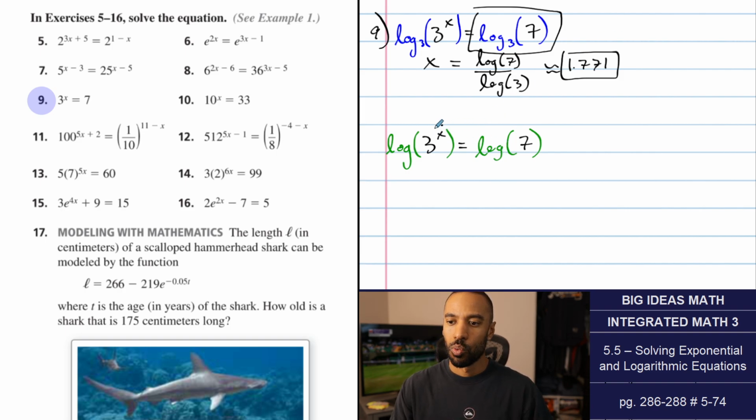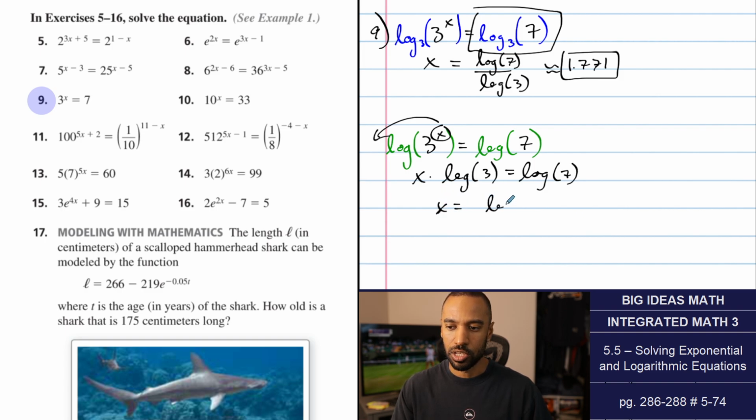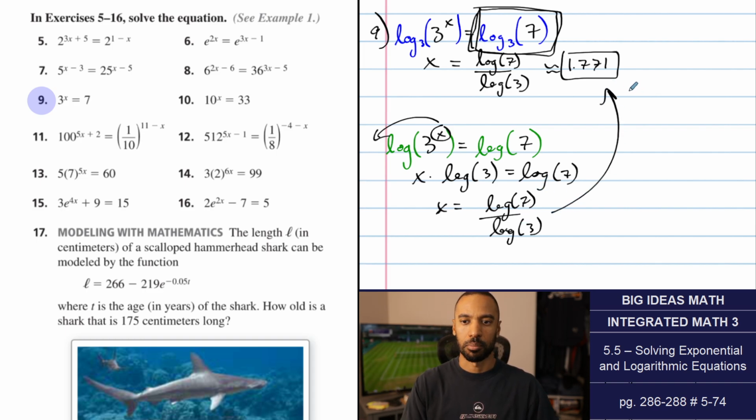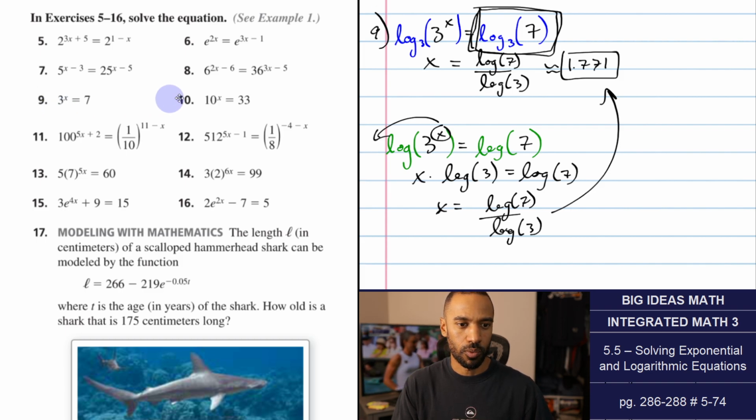The x will come outside of here and multiply by log of 3. And then to solve for x, we divide both sides by log of 3. So x equals log of 7 over log of 3. You still get there. I like this official answer more as an exact one than this one. This is what we used to calculate that number, though. Now, I'm not going to show that each time. I just wanted to make sure you're well aware of that.